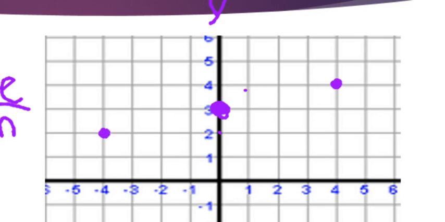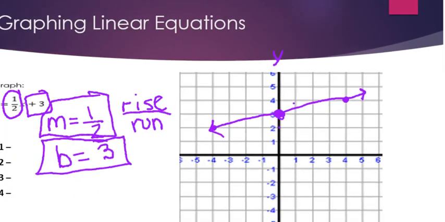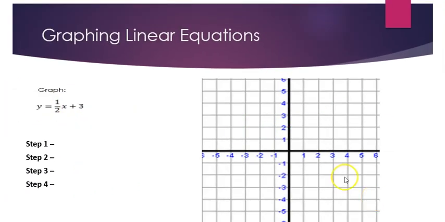Okay? And then I would just connect my dots, and that's how you graph it. And I actually graphed it wrong because I said the slope was 1/4 and it was actually 1/2. So let's redo that real quick.